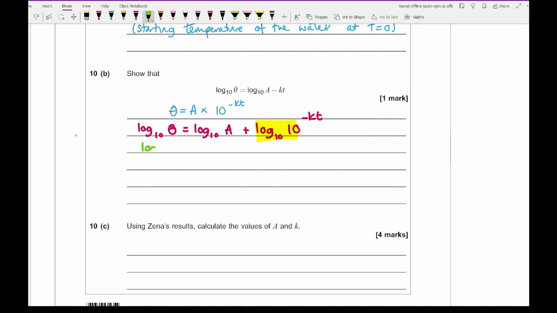So I get log 10 theta equals log 10a minus kt log 10 of 10. And then this part here just equals 1. So therefore, what I've then got is log 10 of theta equals log 10 of a minus kt, which is what they wanted me to show.